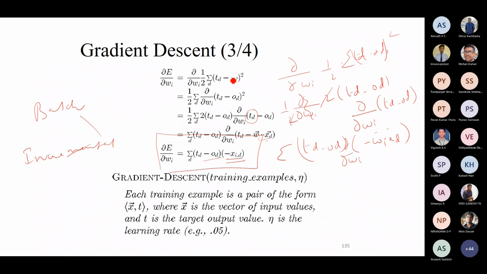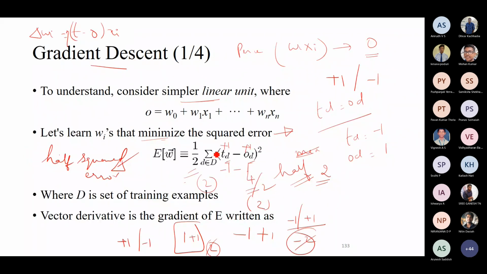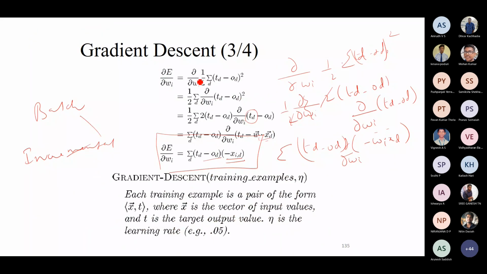Now we have to find that. So dou E by dou Wi: you know what E is, and you can apply the derivative on E. So you have half into summation dou by dou Wi of TD minus OD the whole square, which gives half into 2 into TD minus OD into dou by dou Wi of TD minus OD. TD is as it is, but what is OD?